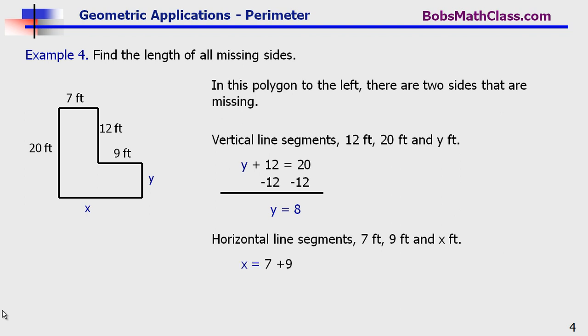We could add those two, 16. So our missing line segments are 16 feet and 8 feet. So now if we had to find the perimeter, now we could add up all the sides and have our perimeter.